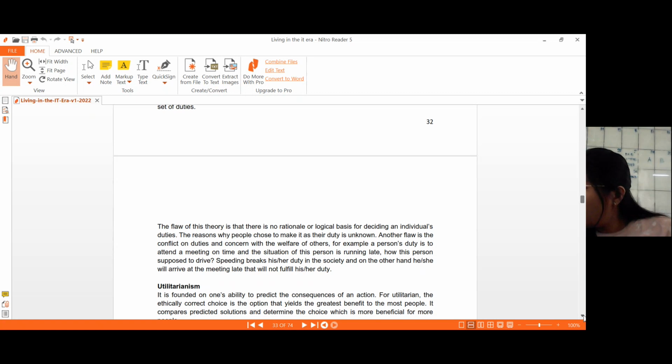Kasi hindi niyo sinabi sa akin po. Kay Ma'am Rebecca ito. Si Ma'am Rebecca nag-note po dito na ang kailangan lang yung pre- and post-inspection.